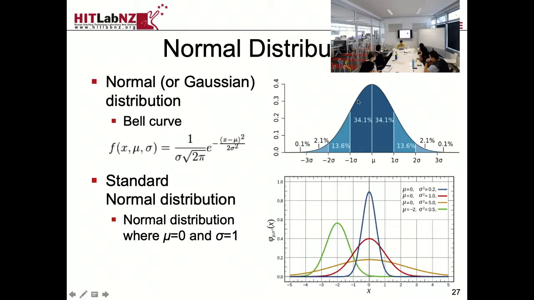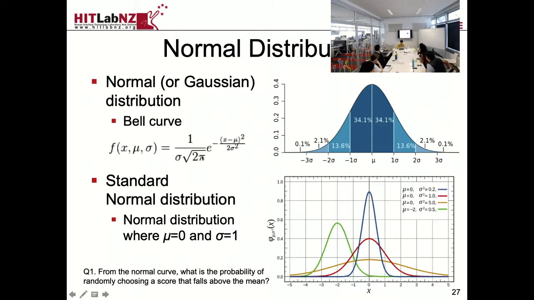Which means most of the data will be located within this area. And the distribution could have a different shape depending on the mean value and the sigma value, as you see here.